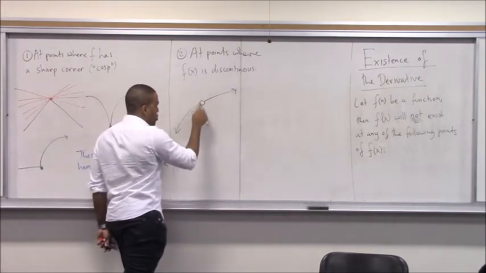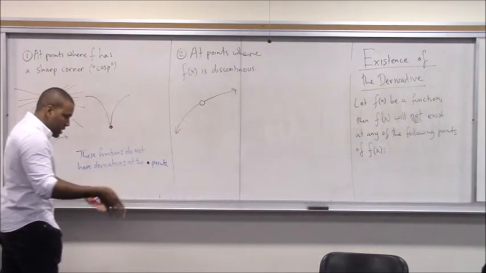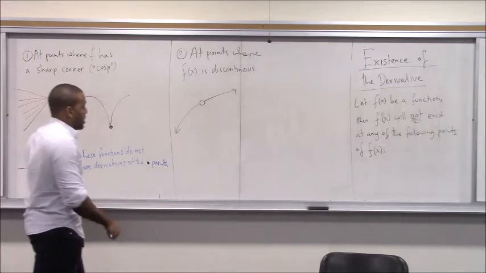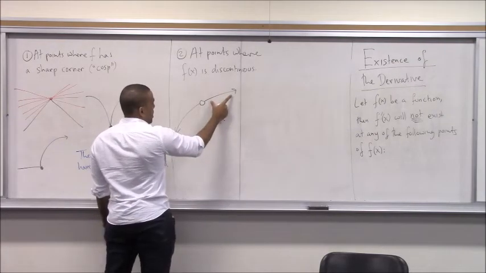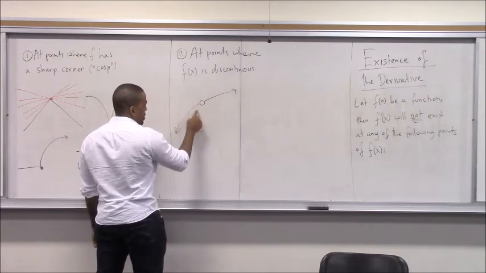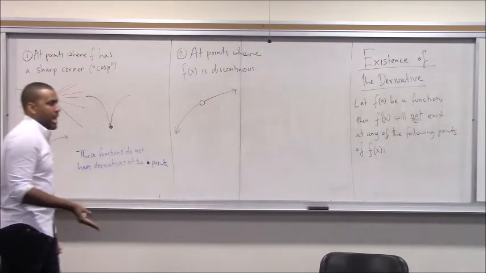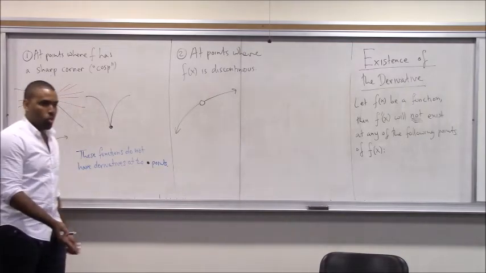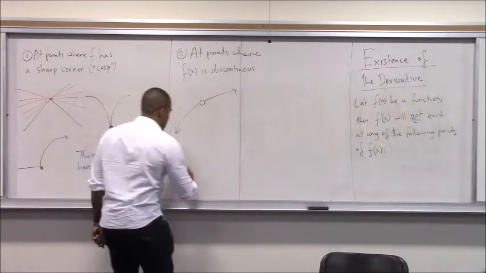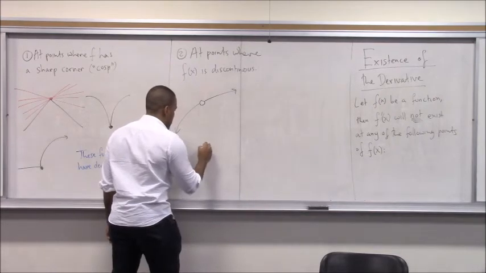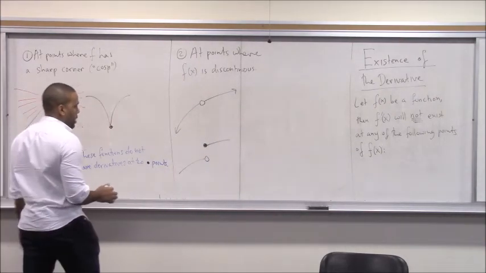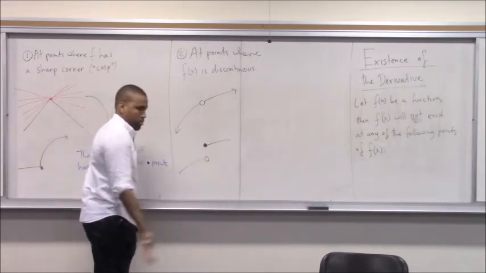No matter how much you zoom in, there's always going to be a space there. There's nothing. So over here we can zoom in, it'll look like a line. Over here we can zoom in, it'll look like a line. But at that point, it's a gap. If I zoom in, there's just going to be emptiness. There'll always be emptiness. It's a hole. Similarly, if your function does something like this, again, zoom in on that gap.